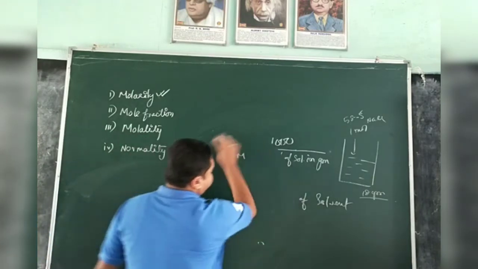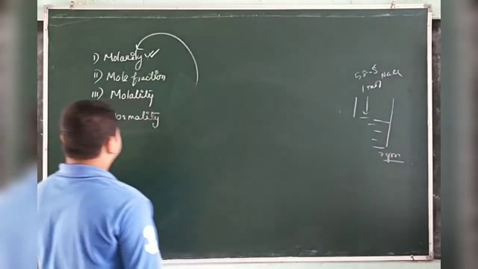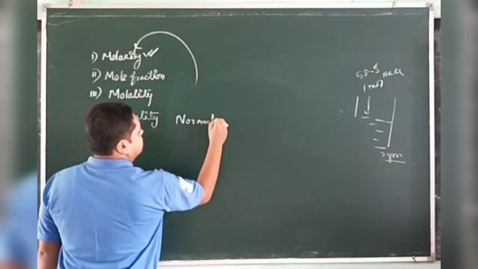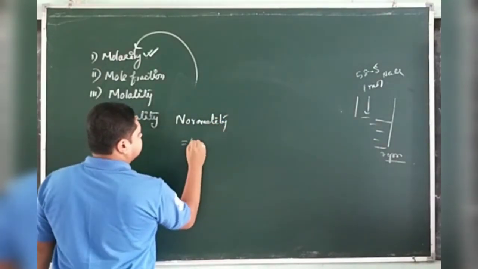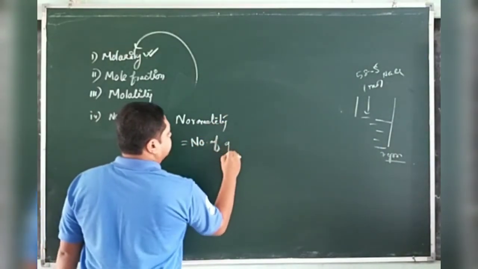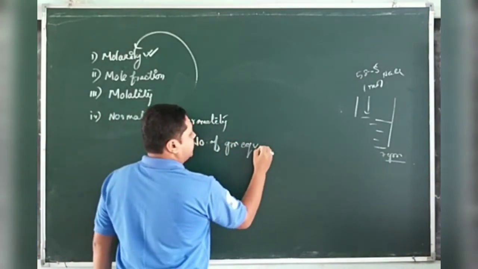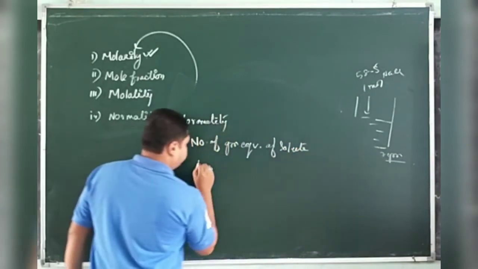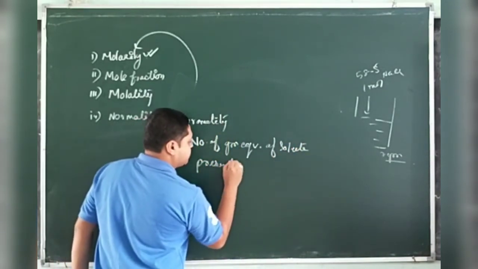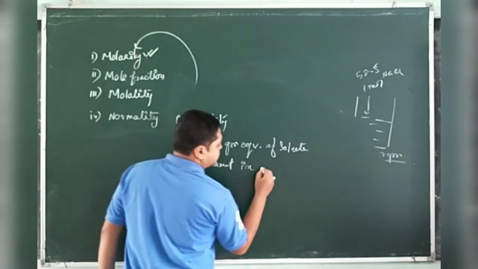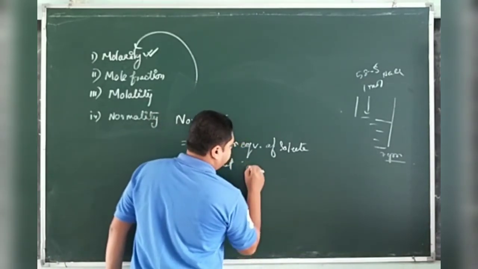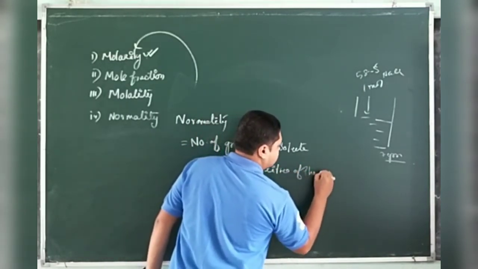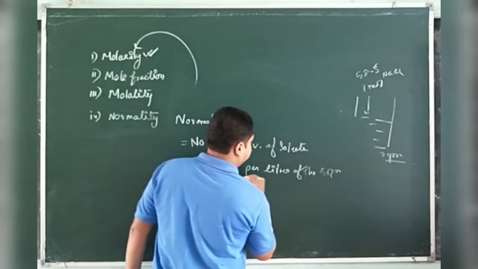Next one, normality. Normality is defined as the number of gram equivalent of solute present per liter of the solution.